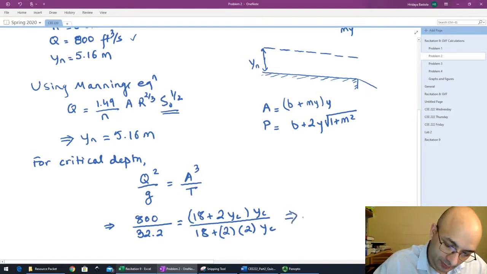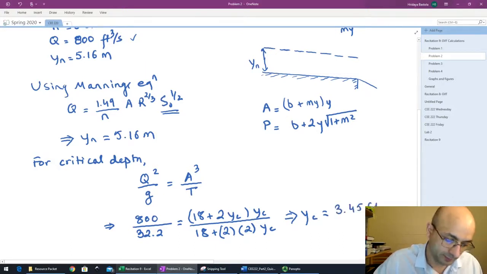From this we can solve for y critical, which is going to be 3.45 feet.